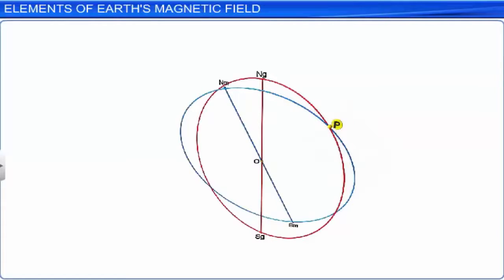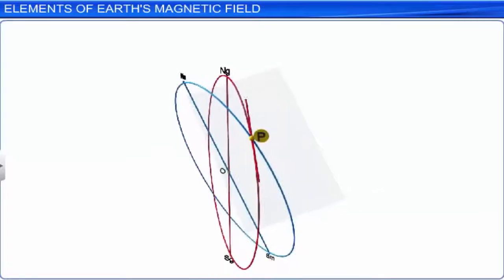Draw a plane which is tangential to the sphere at point P. Draw a tangent PA to the geographic meridian circle at point P. PA lies on the tangent plane and represents the geographic north-south direction. Draw a tangent PB to the magnetic meridian circle at point P. PB also lies on the tangent plane, but represents the magnetic north-south direction.